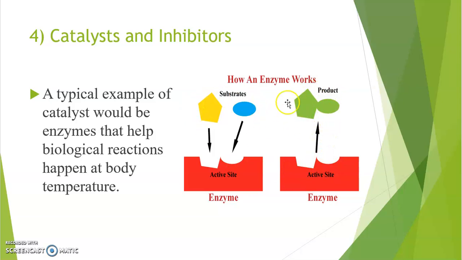So this is your reaction. The enzyme facilitates the reaction and lets them join together or form the bond, or whatever reaction is happening. So it makes it faster. It's faster for the enzyme to do the reaction. So the enzyme here works as a catalyst. It increases the rate.